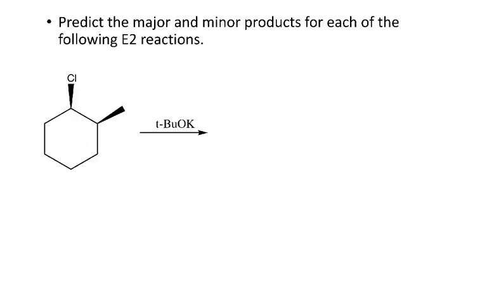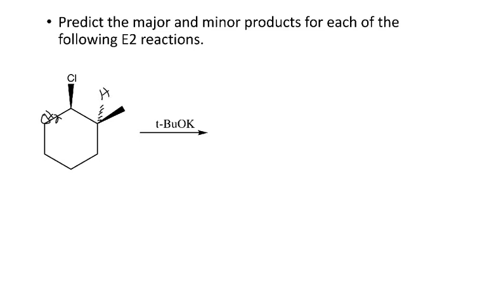Okay, one more example. We need to identify where we have beta hydrogens. I have a CH2 here, and there is also an H coming off below the ring.